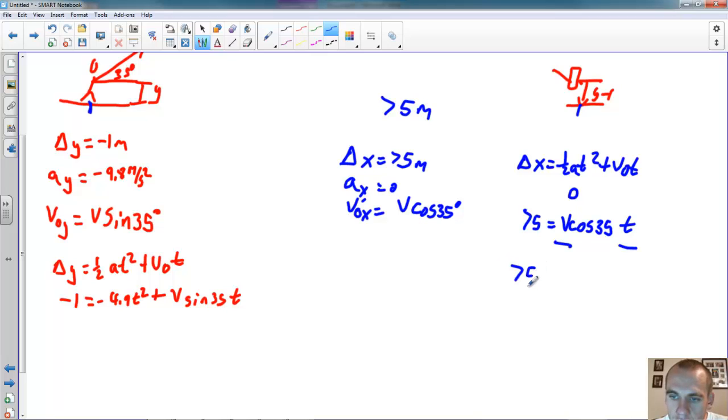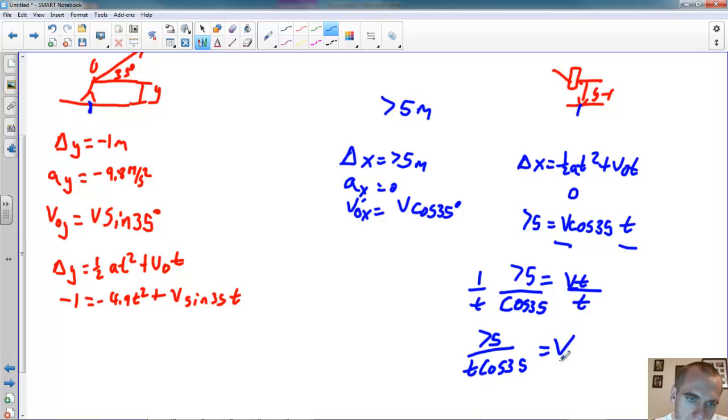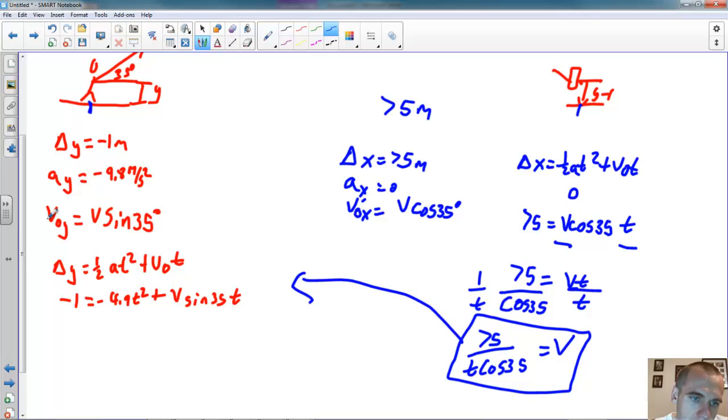So I have 75 equals v cosine 35 times t, so I'm going to divide by the cosine of 35, and I'm also going to divide by t, and so I have 75 over t times the cosine of 35 is equal to v. Okay? So I have this relationship that I can now go ahead and substitute over here into this equation.